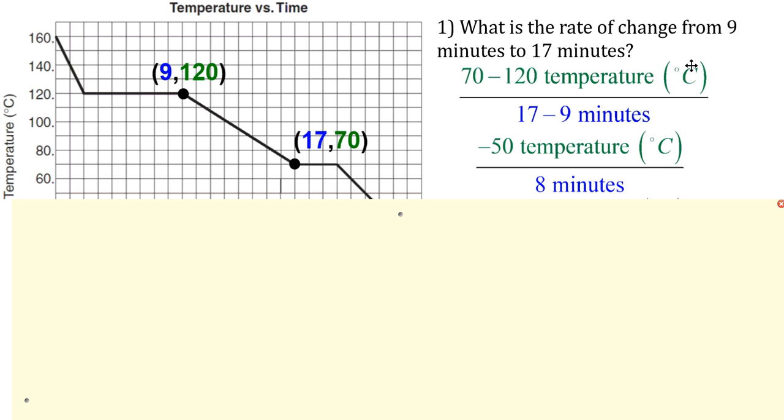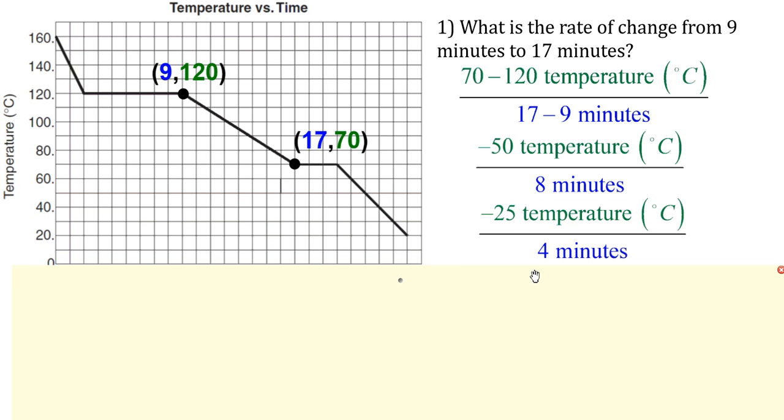So over the course of these 8 minutes, in the interval from 9 to 17, there was a loss of 50 degrees Celsius. Now, we like to always get it down to 1 unit increments. So what does this mean for 1 unit? If we continue to simplify, some of you maybe divided out the common factor of 2 and got it to 25 degrees lowering in Celsius over 4 minutes.